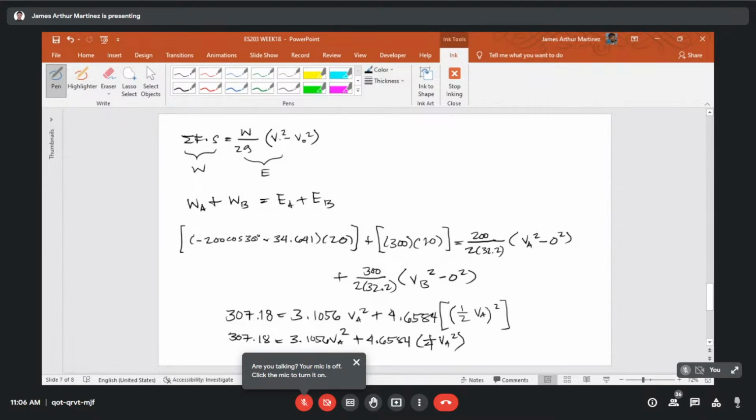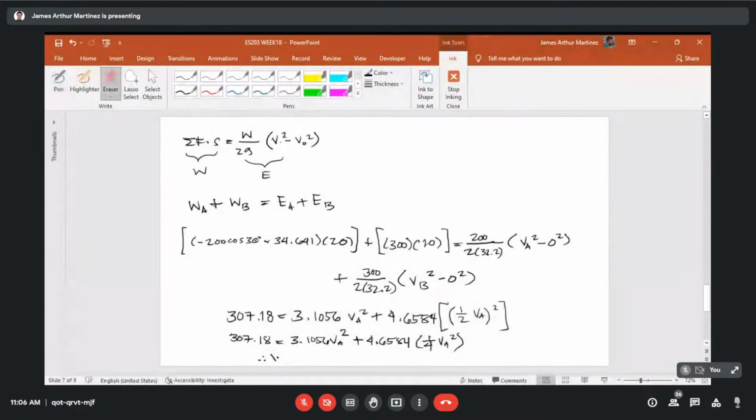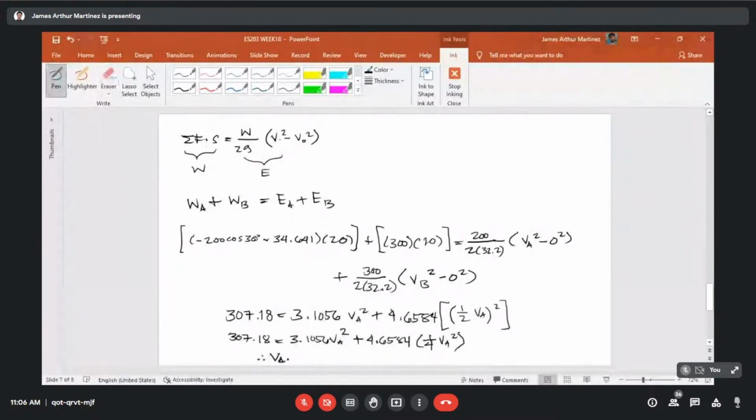Okay? So now we only have one unknown variable, right? Which means we can now finally compute for the velocity of block A. So VA now therefore: 307.18 is equal to 3.1056 VA squared plus 4.6584 times 1/4 of VA squared.